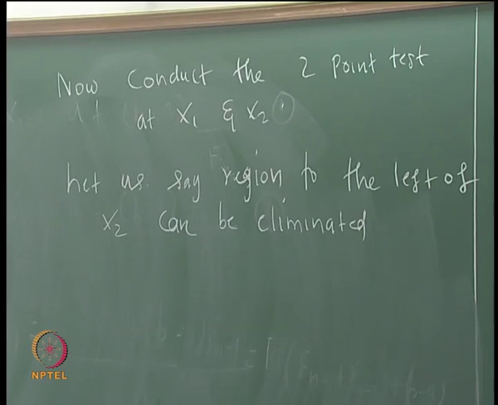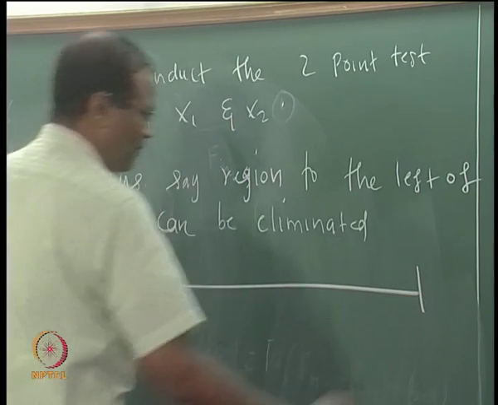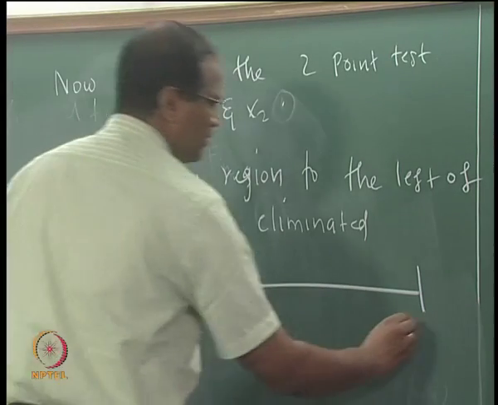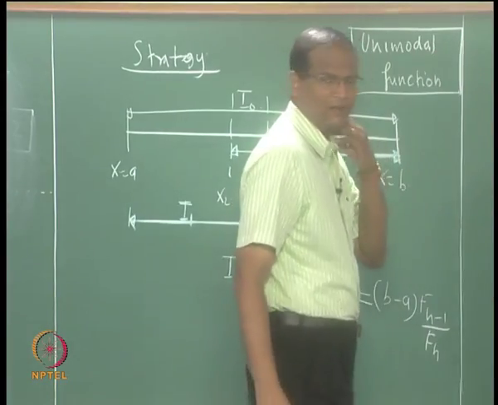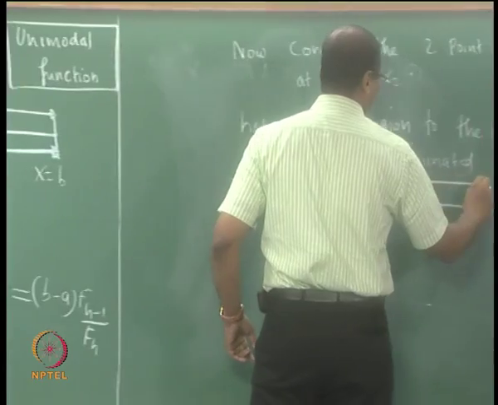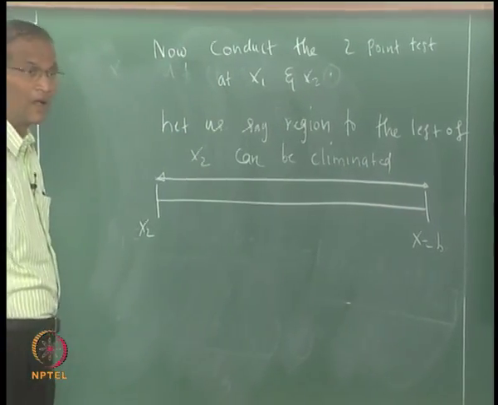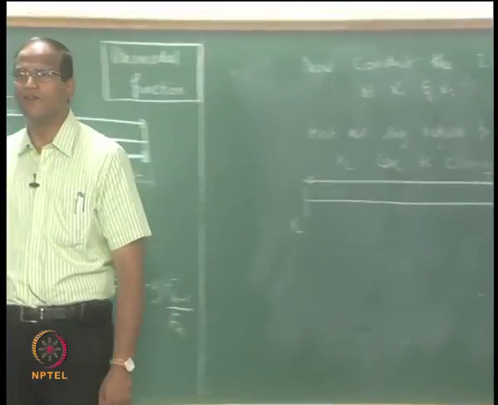Okay. Now we are left with x2 to x equal to B, right? What is this interval now? I1, correct. This is I1, the new interval of uncertainty is I1.